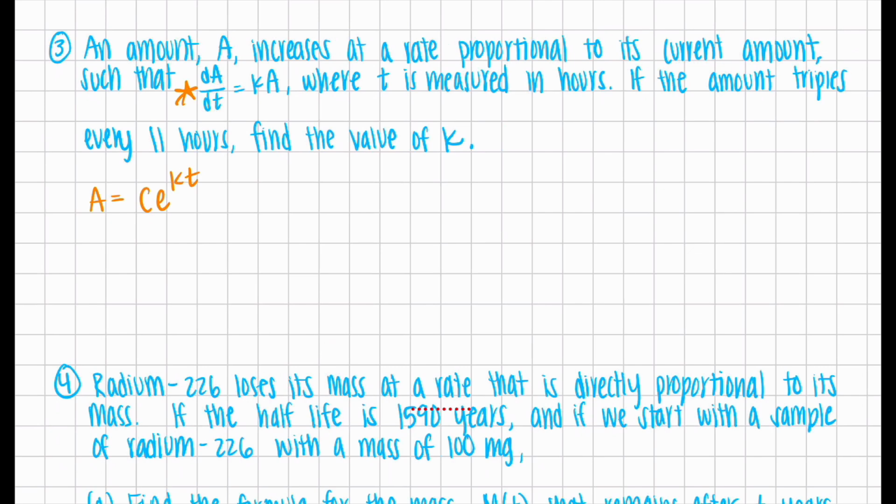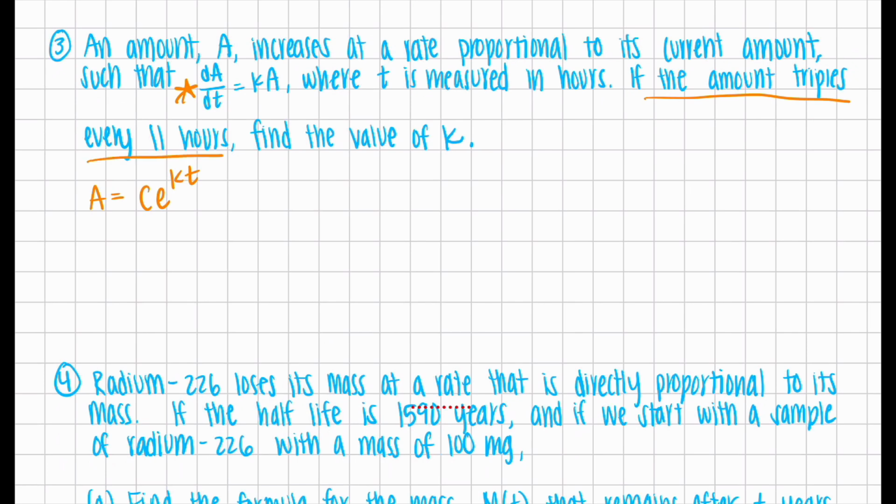And the info they gave us is that the amount triples every 11 hours. So it doesn't matter what my starting amount is. I could even say the starting amount is 1, and then if it triples, A would be 3. And I know that happens in 11 hours. So I'm going to make T equal to 11.